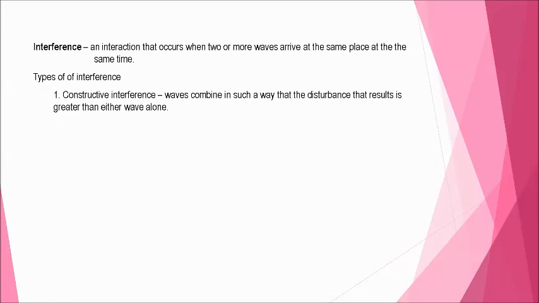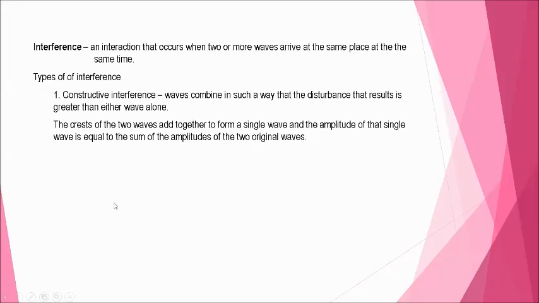So what happens is the amplitude of one wave adds up to the amplitude of the other wave when they become one wave. Or the resulting wave, as they combine, would have a higher amplitude than any of the original waves.